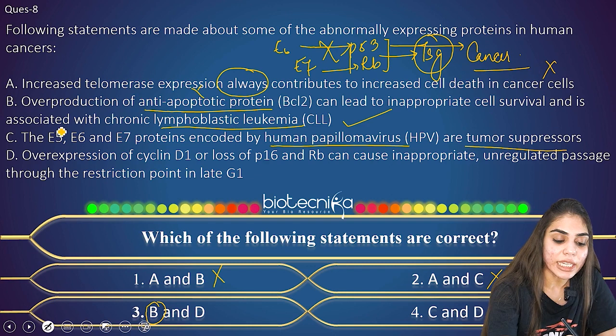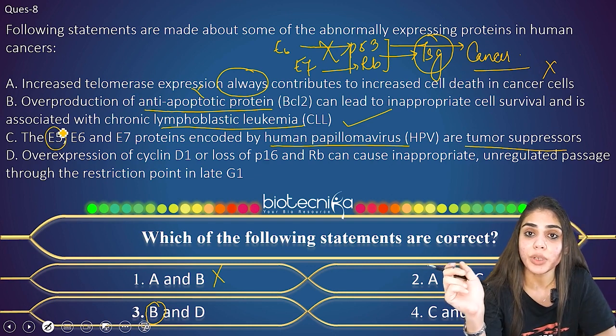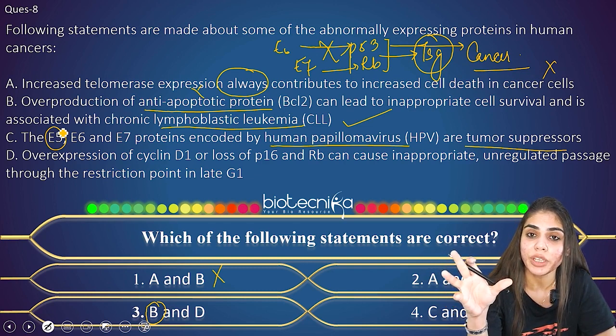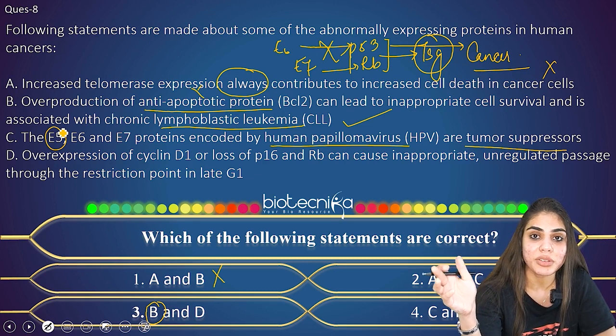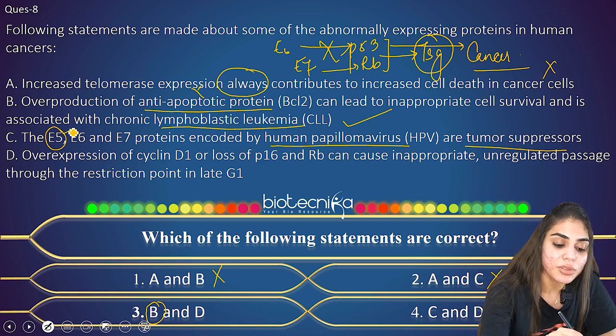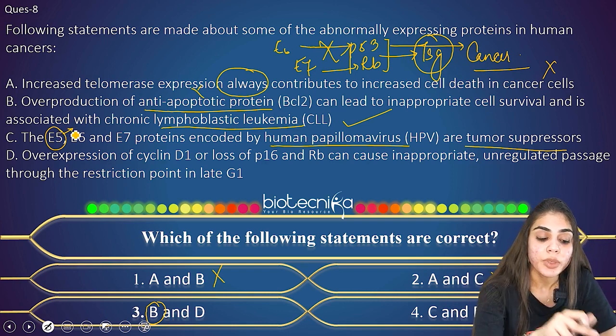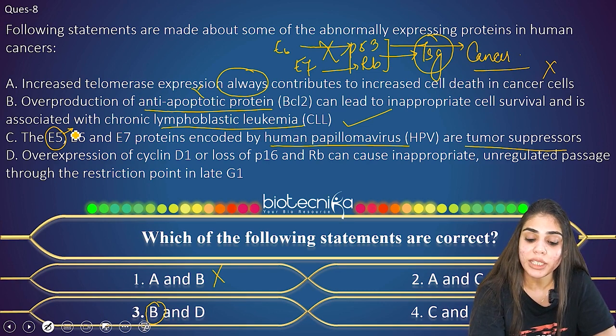But if you see E5 protein, E5 protein is associated with cell survival. It is not associated with, you can say, any kind of inhibition of tumor suppressor genes. So this protein is associated with cell survival. So it is asking about E5, E6, E7: all proteins that are encoded by HPV, that is human papillomavirus, are tumor suppressors.